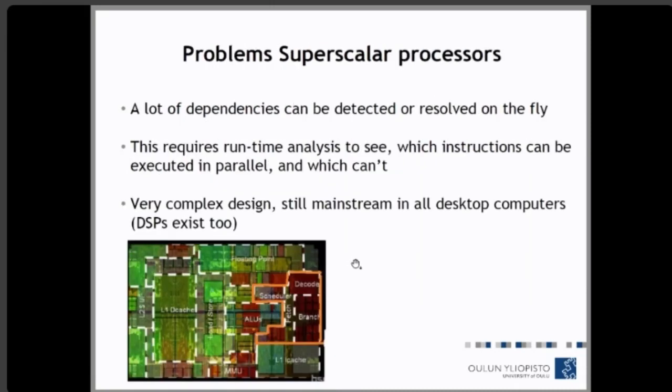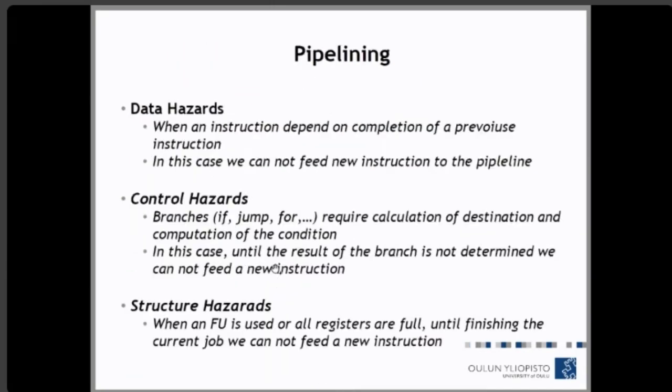These hazards happen when the generated code has unpredictable behavior. What we discussed in the previous lecture, that signal processing codes, as an example, have this benefit that they have a regular structure.